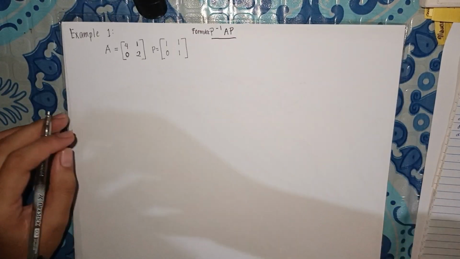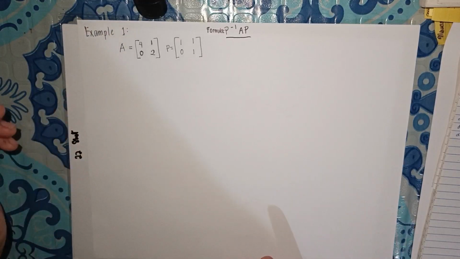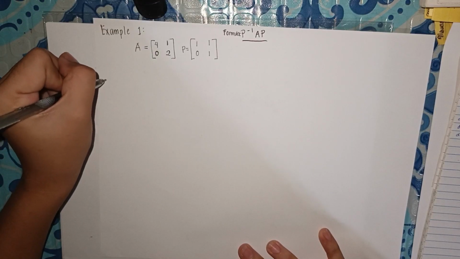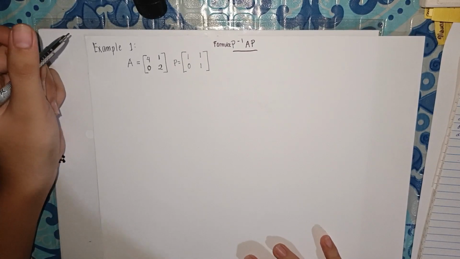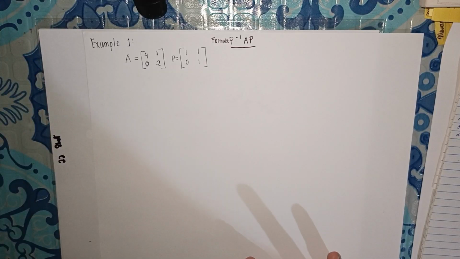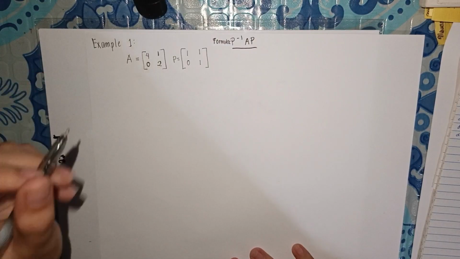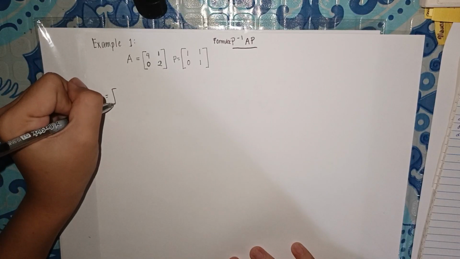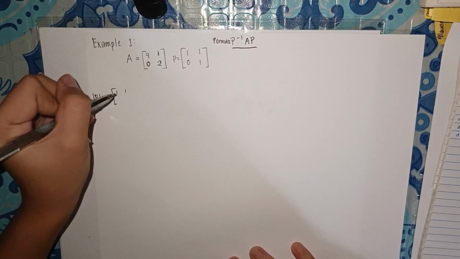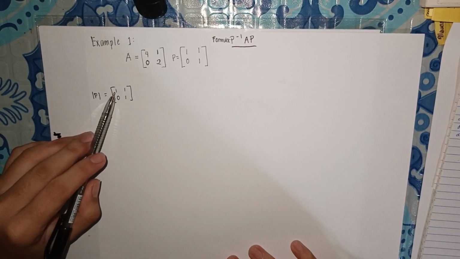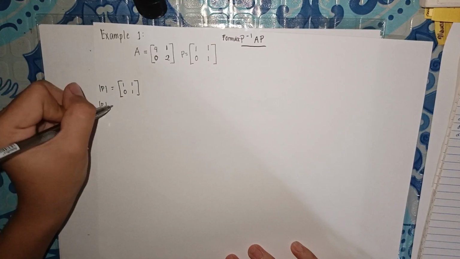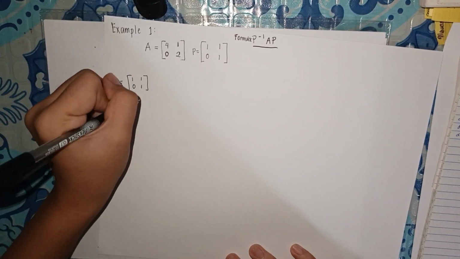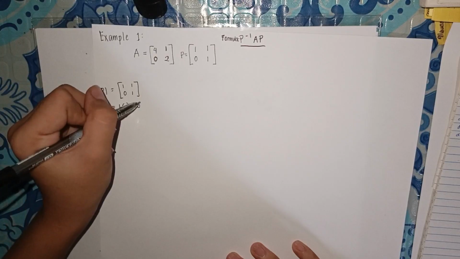So, the first thing we will do is inverse the matrix P. First, to get the inverse, as he already discussed earlier, we will first get the determinant. Determinant of matrix P. So, determinant P is equal to 1 times 1 minus 0 times 1.